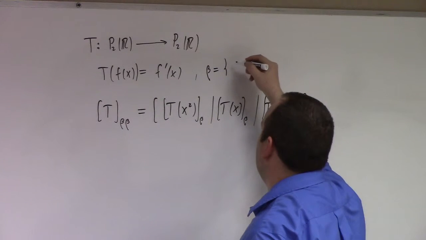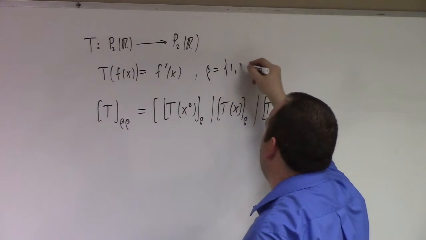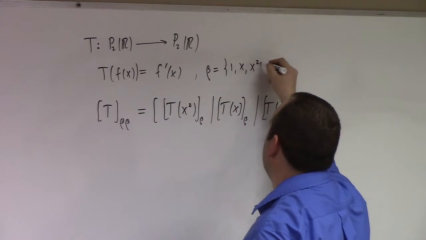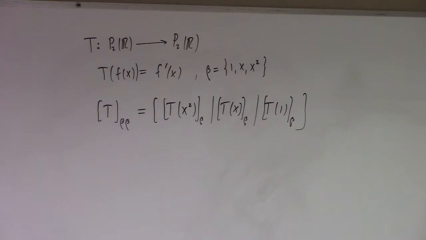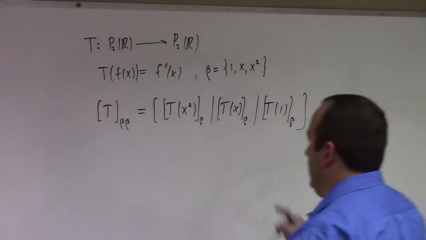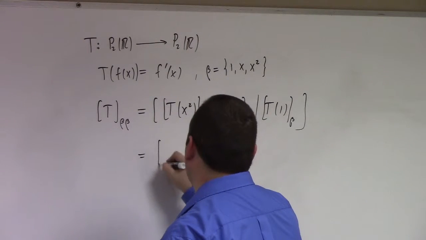And here, of course, for beta I'm going to use 1, x, x squared, just to be different. I did x squared, x, 1 last time, so I'm turning the order around to see how it changes things. What's the derivative of x squared? Well, it's 2x, right?